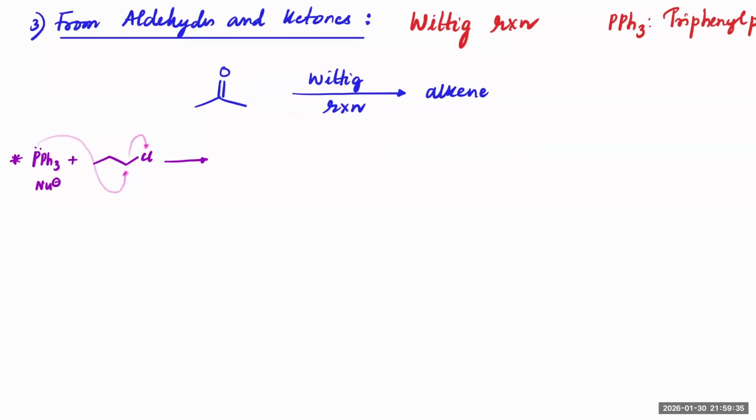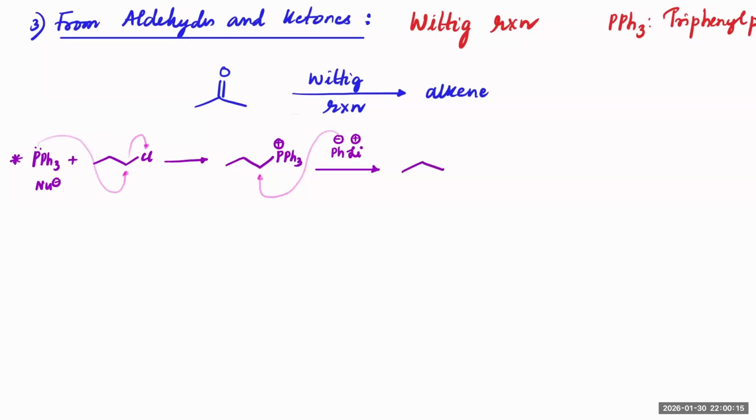As this happens, you will get PPh3 with a positive charge. Of course, this positive charge will not remain stable for long. To make it more stable, we use a very strong base like PhLi, phenyl lithium, where you have Ph minus and lithium plus. The very strong base can extract the proton from this carbon, because the adjacent carbon gets sufficient polarity, so the carbon-hydrogen bond can be broken easily.